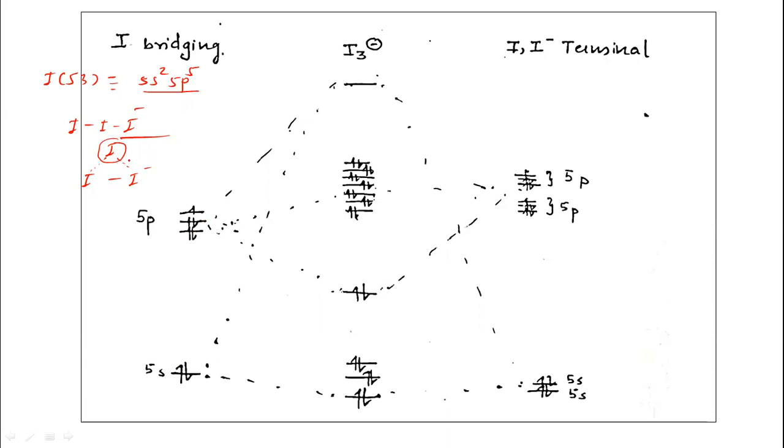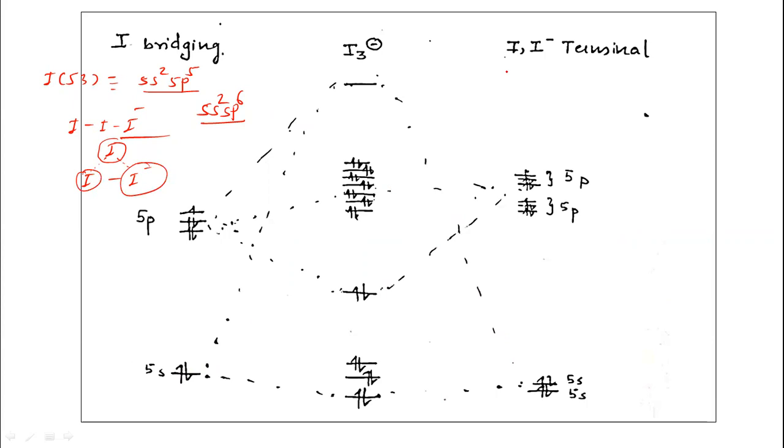Now in the triiodide ion, as this iodine carries the negative charge, 1 electron is extra. So it has the electronic configuration 5s2, 5p6. All the energy levels are complete. On the left hand side, we have to write the atomic orbitals of the bridging central iodine atom. And on the right hand side, we write the terminal ones, this is terminal and this is terminal.